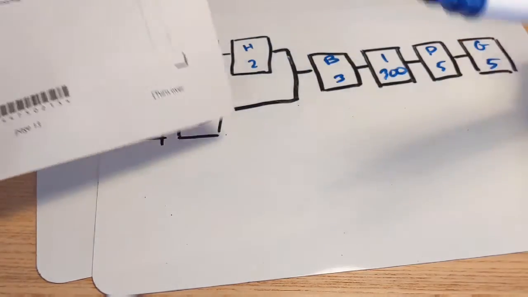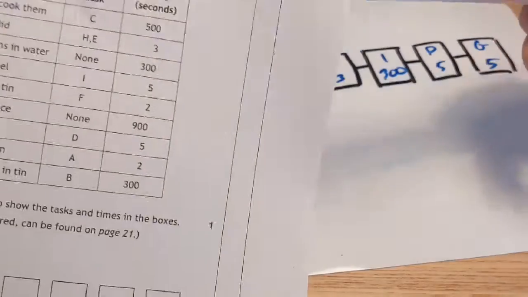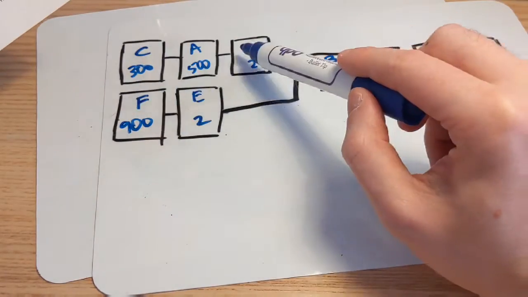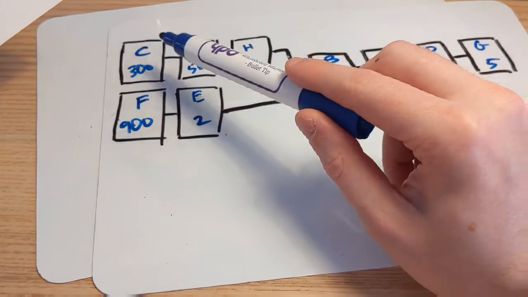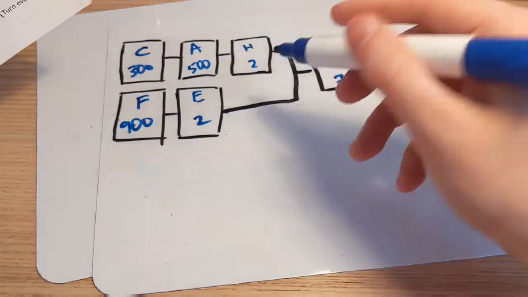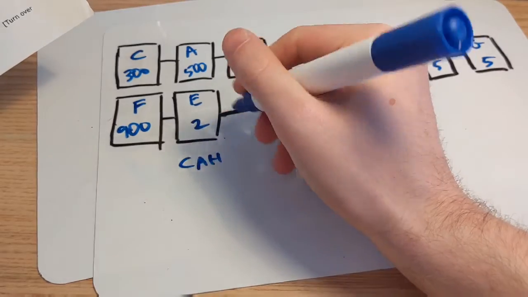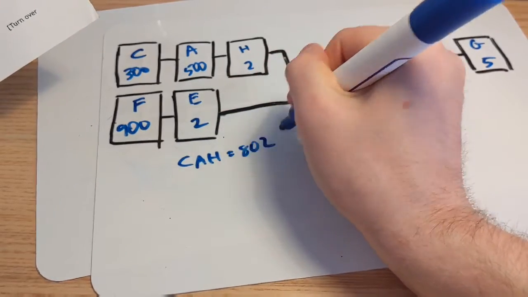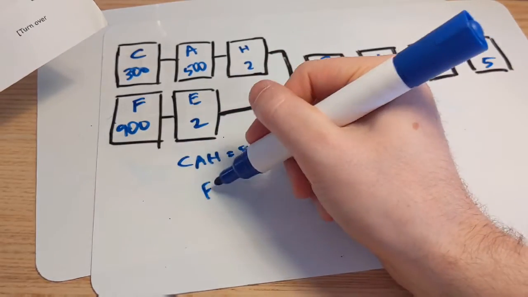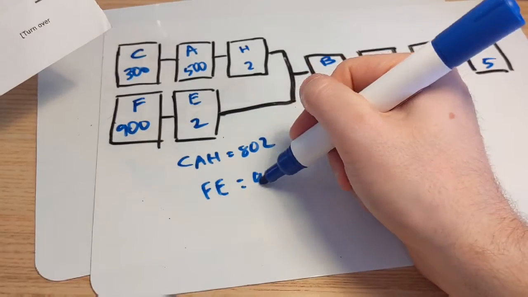The really common error that everyone makes is they just see all these numbers and add them all together, which isn't right, because I can do C, A and H at the same time as I'm doing F and E. C, A and H added together is 802 seconds, and F and E is 902.